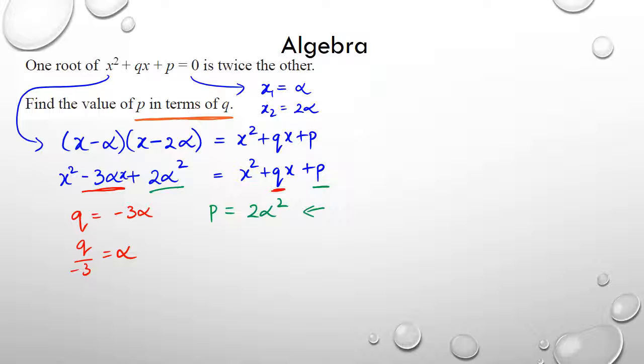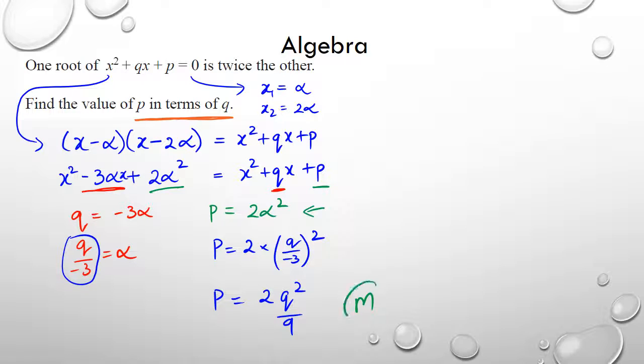Once I get that alpha, I can go back to my p equals 2 alpha squared, and because alpha is equal to q over negative 3, I could write this as 2 times q over negative 3 squared, which means p then would equal 2q squared over 9, and that's your final answer for this. So we've done p in terms of q.